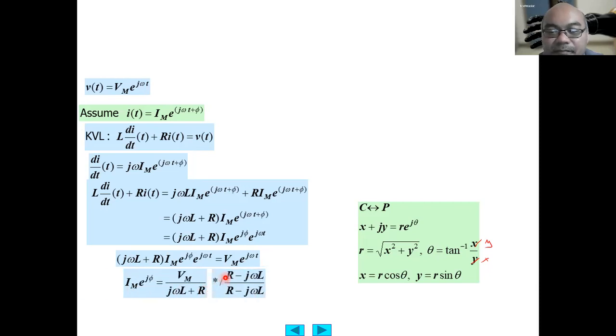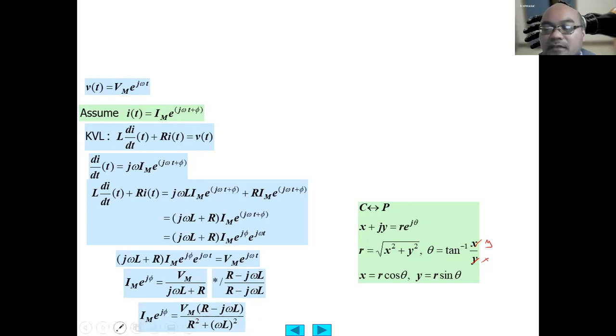Okay. If we then multiply this with 1, and 1 is expressed as R minus j omega L divided by R minus j omega L, this becomes Im exponent j phi equals Vm multiplied by R minus j omega L divided by R squared, j multiplied by j is minus 1, and minus times minus is positive, omega L squared.